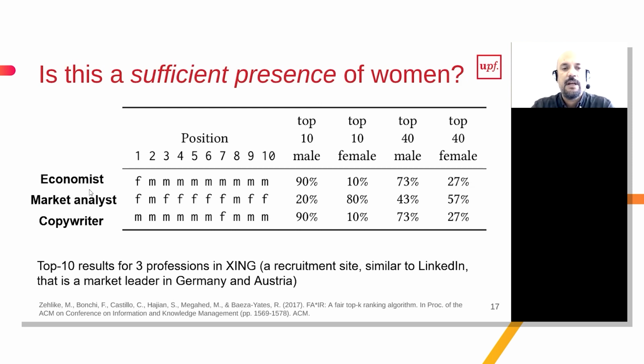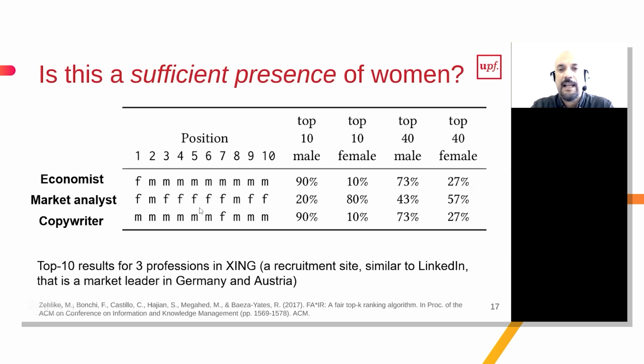If you search for economist, then among the top 10, there is only one woman. However, if you search for the top 40, around 30% of them are women. So this is interesting. At the top 10, there is only one woman. In the top 40, there is more than 10% of women.